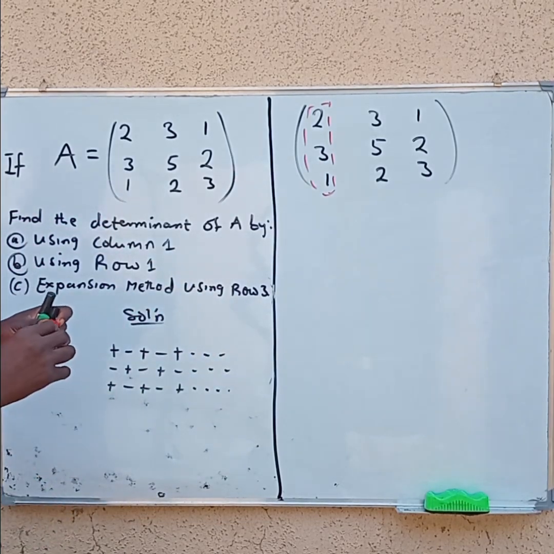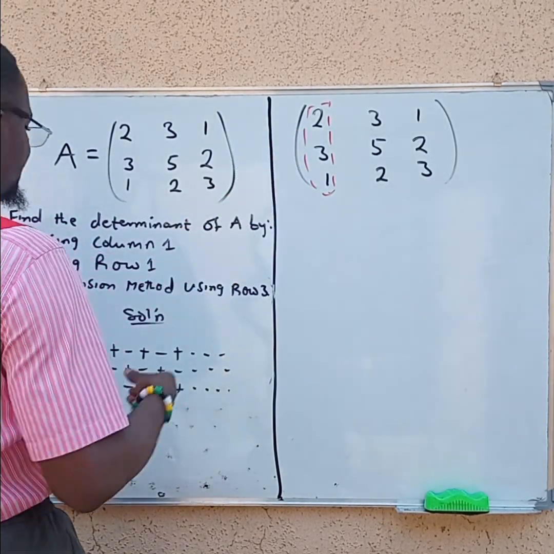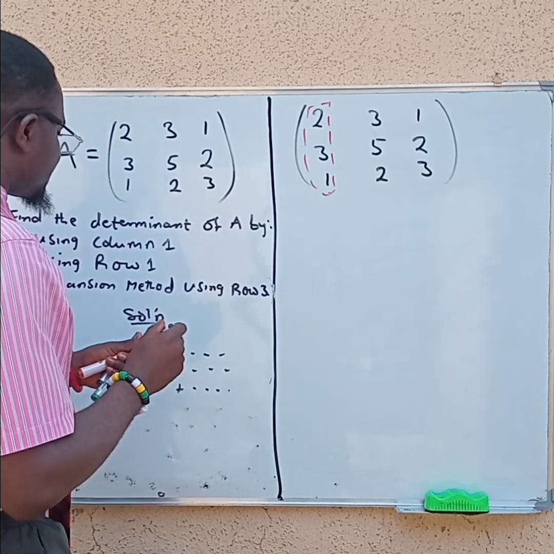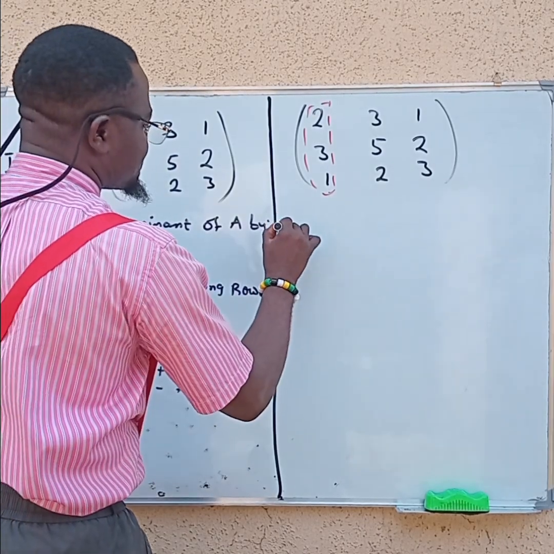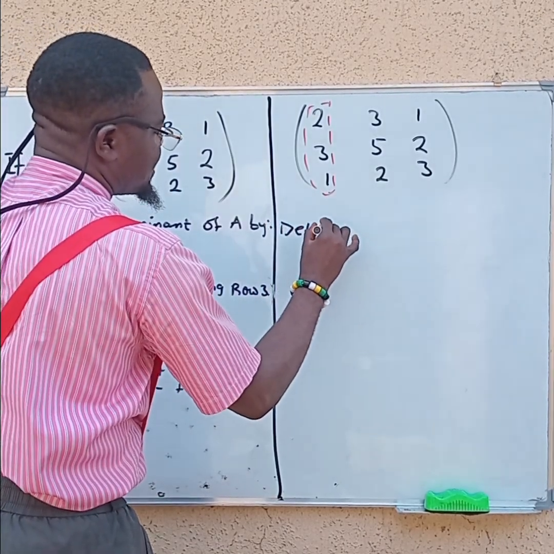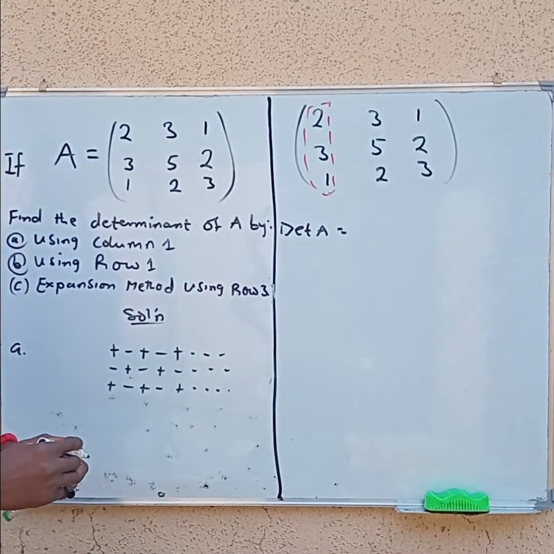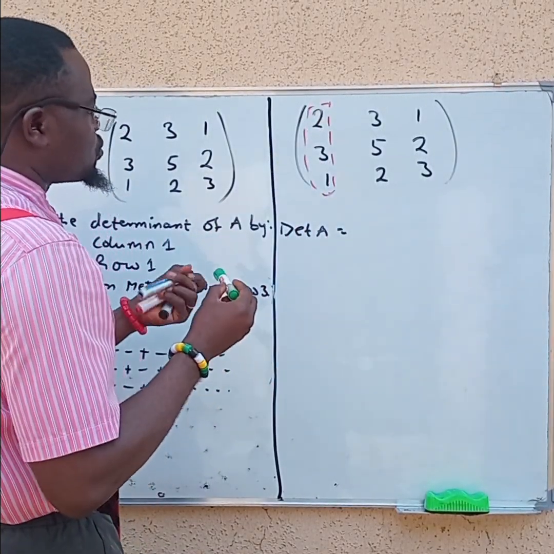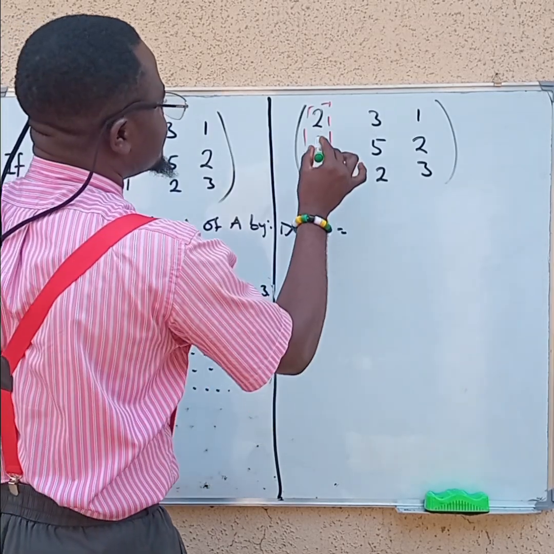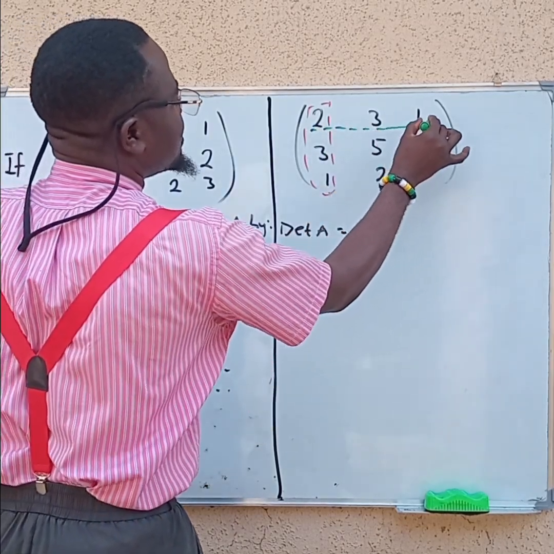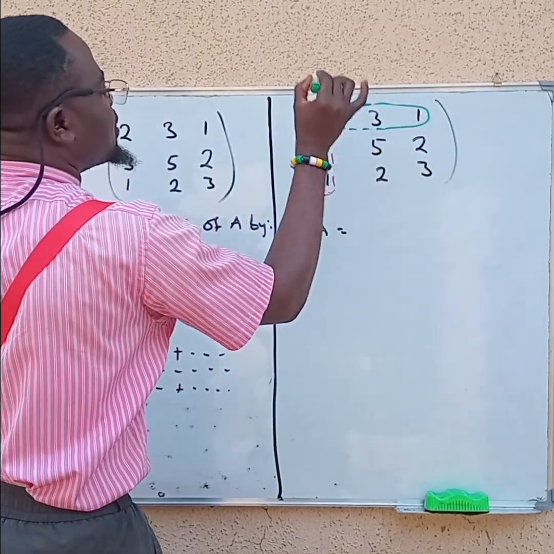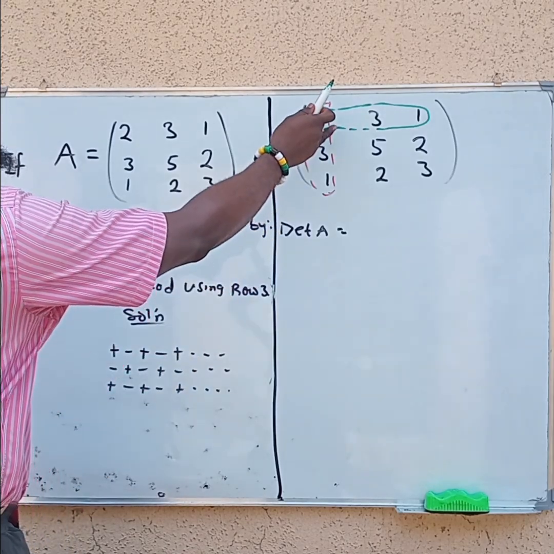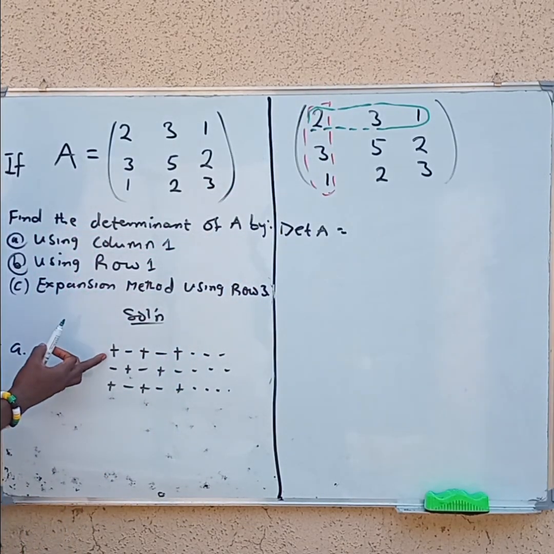We are using column 1 to find the determinant. They say we find the determinant of A. Call it A is equal to. Now, since I'm using column 1, I'll use the place sign. I'm working on 2 now, and the place sign there is plus.